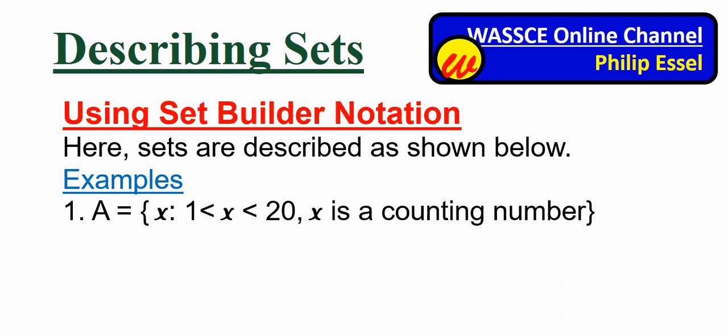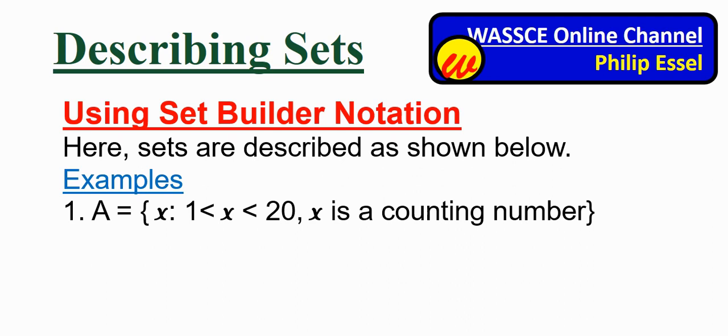So let's read what is in set A. So the set A equals, bracket, x such that 1 < x < 20, x is a counting number, bracket closed.